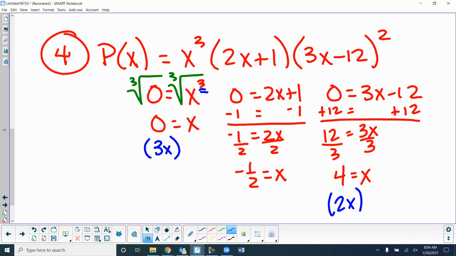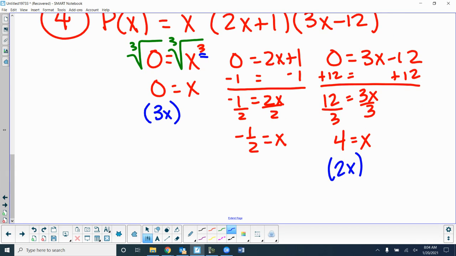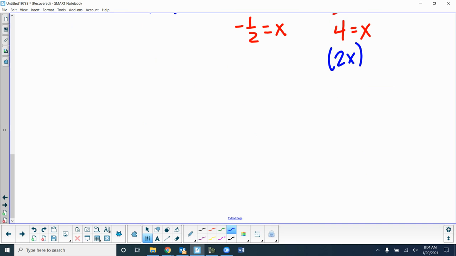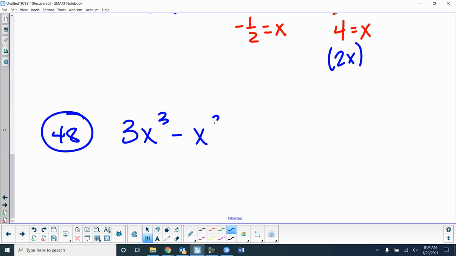I'd like to look at that one with you. Okay. So we got 3x cubed, sorry, 3x cubed minus x squared minus 6x plus 2. Okay, that one might factor.